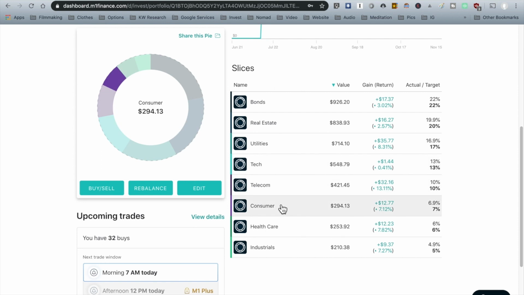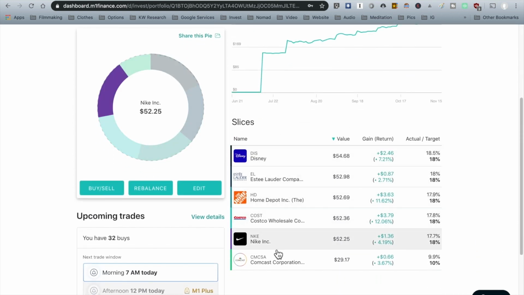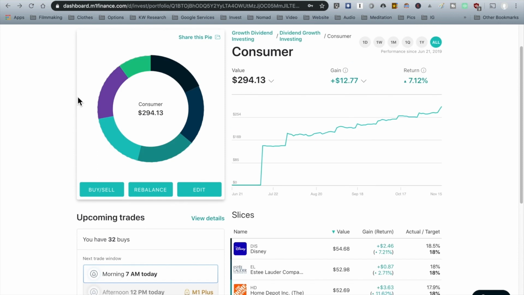And you can see right here in consumer, I own like 6 stocks, right? I own Disney, Home Depot, Costco, Nike, Comcast, right? My 3-part method on how I evaluate dividend growth stocks is: first, I analyze the company. Second, I evaluate their financials. And third, I look at their growth.